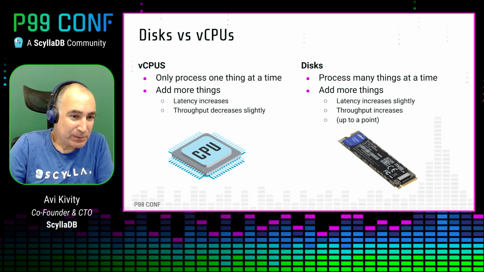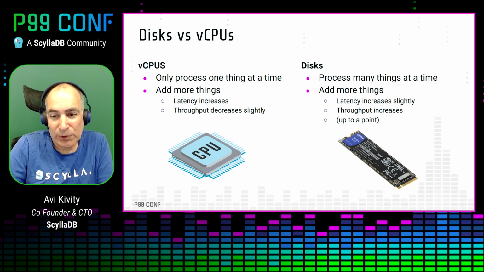But from our perspective, we are a thread per core architecture, so a particular replica only runs on one vCPU, and we're multiplexing all of the queries on that single vCPU. The other vCPUs on the node are serving different subsets of the data. So they have their own work to do and cannot help us.